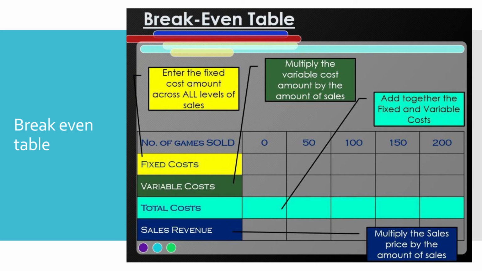Then we also have variable costs, which do change per unit sold. And that will give us our total costs, which is the teal. Then the blue is our revenue, which is money coming in. So first of all, we put our fixed costs in, then our variable costs, which will give us our total costs. We add those together, then we'll have the money coming in.